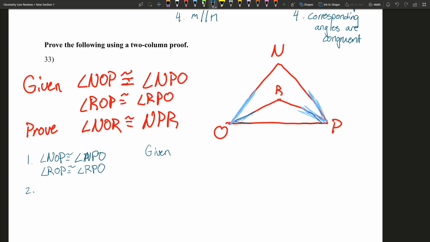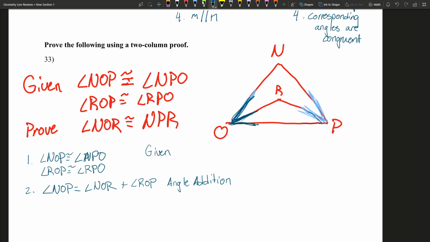All right, so angle NOP is equal to NOR, this top angle, plus ROP, the bottom angle. And we can do that because of angle addition.